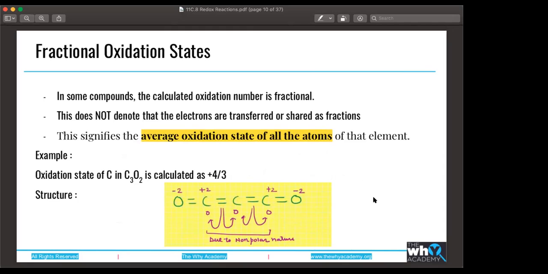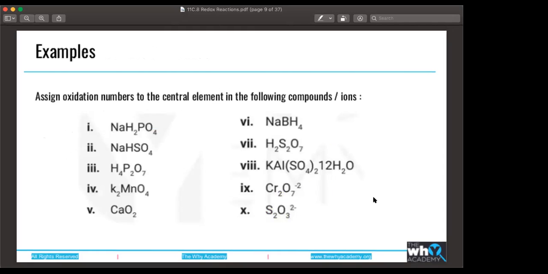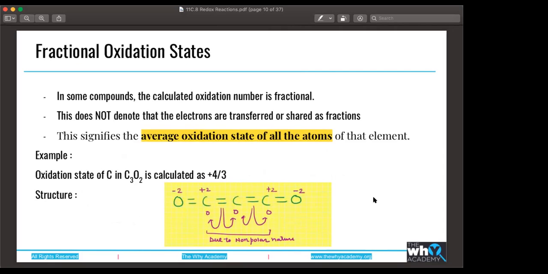Now, some compounds will have fractional oxidation states. This is evident mostly in, as we saw, superoxides, and even some other organic compounds. An example is given here, C3O2. If you get the oxidation number as fractional, it does not mean that half an electron is transferred or shared.